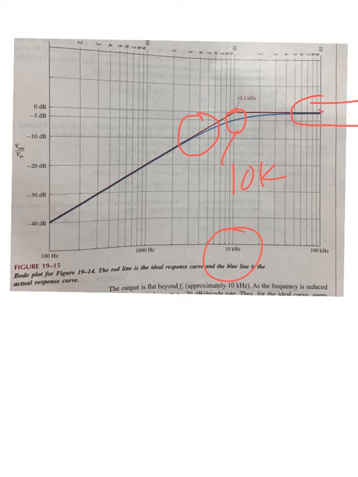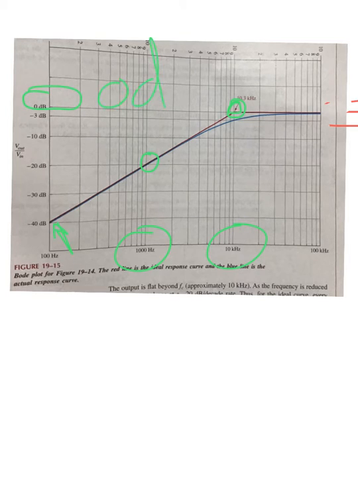We know it's going to be a straight line. And as far as looking at the line that's diving here, this one here that's in green, between 1,000 and 10K is a decade of 10, and you can see theoretically we're going from 0 dBs here to minus 20 dBs here.